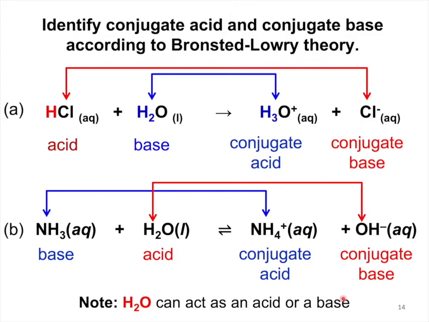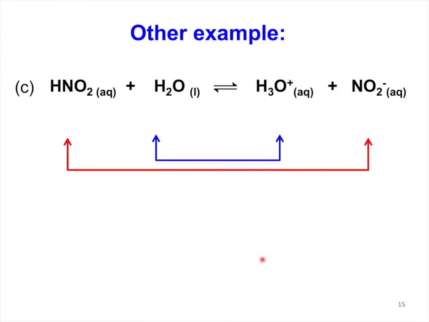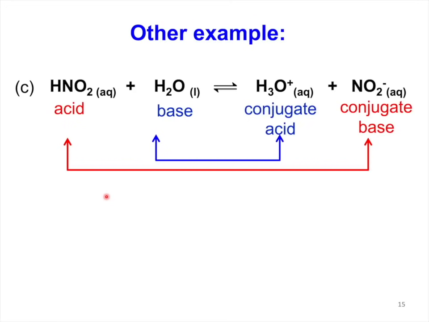Another example is HNO2 + H2O to form H3O+ NO2-. So from this equation, HNO2 is acid. So it donates a proton to H2O and it forms NO2-.